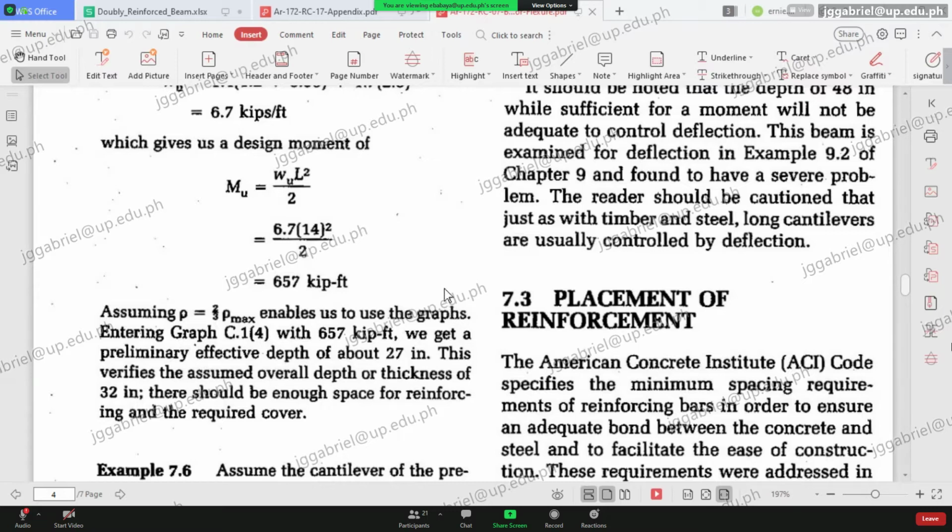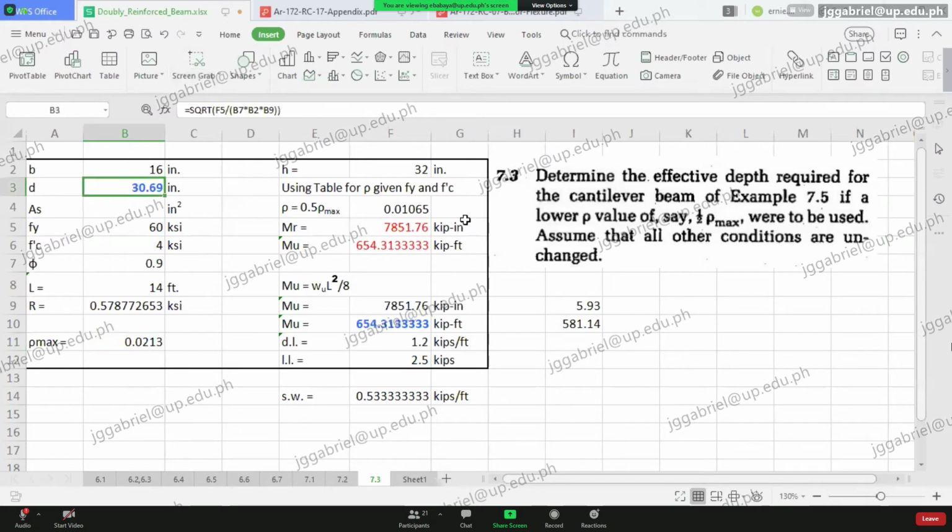Okay, so from 27 again, it became 30.69. So reducing the steel ratio will require greater depth. So from 27, it is now 30.69. So that's what happens here, just like the other problem in chapter 6.